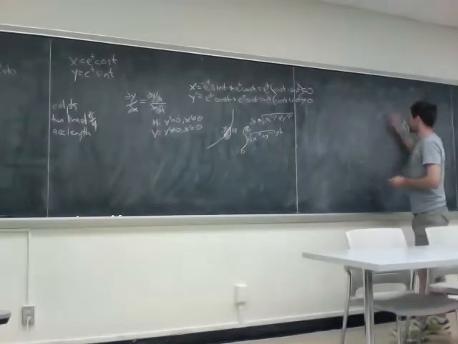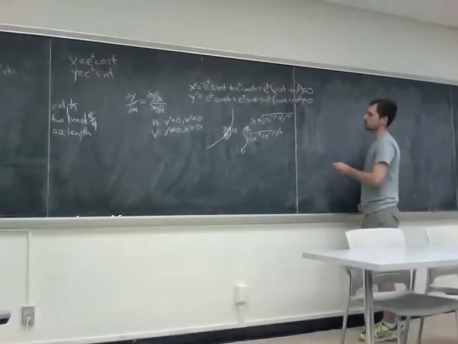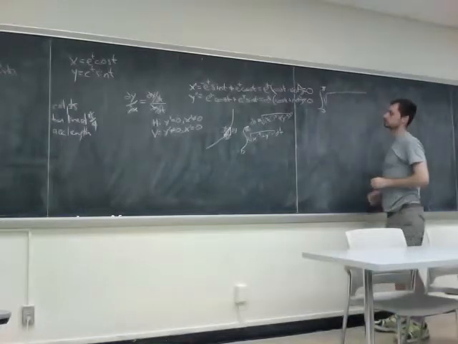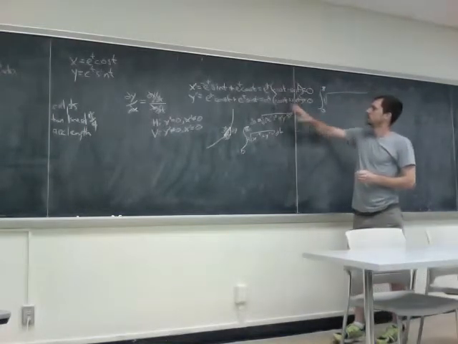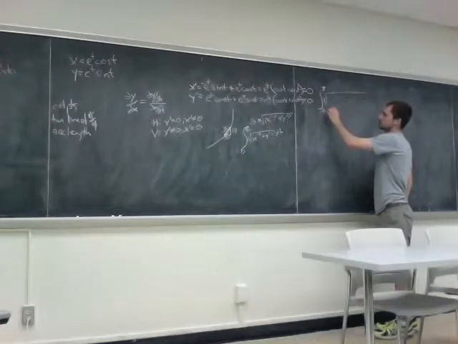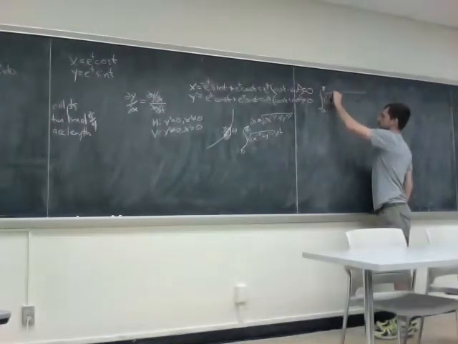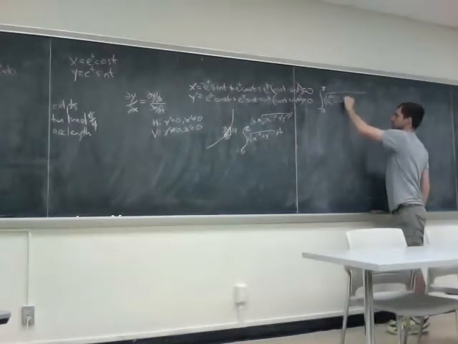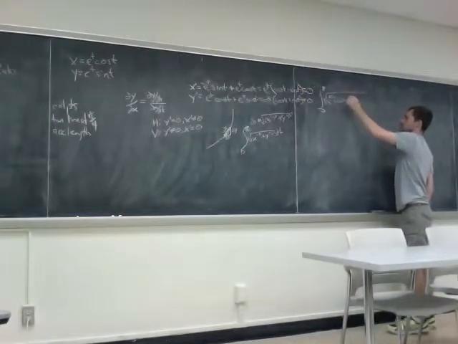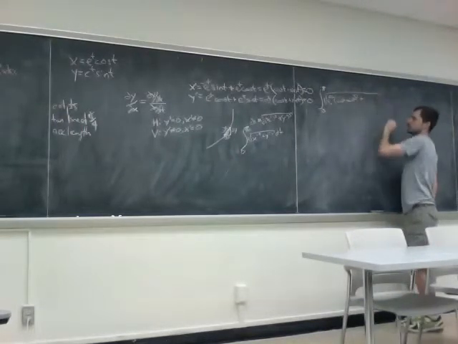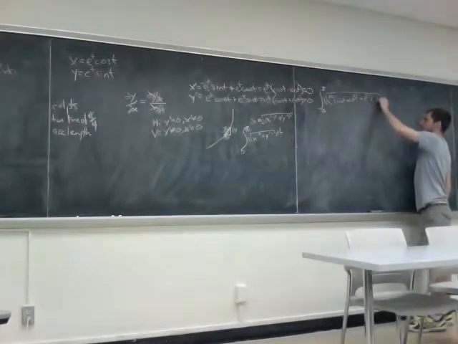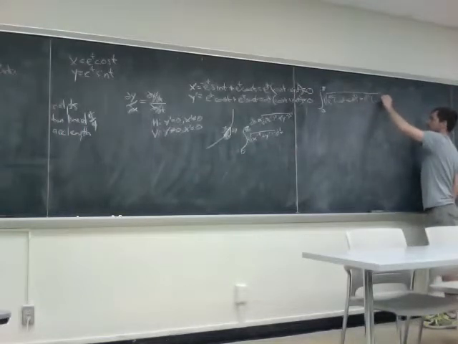So let's try to do that real quick. We have the integral from 0 to pi of the square root of this squared, e to the 2t, squared plus e to the 2t, squared.